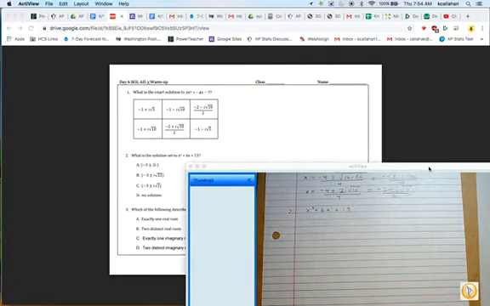My guess is that they just didn't write equals 0. Let's see what we would have gotten if we treated it that way.